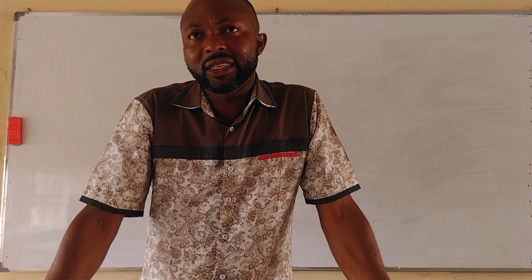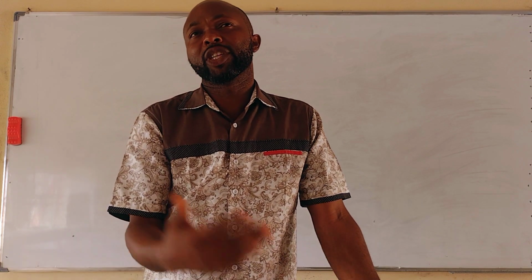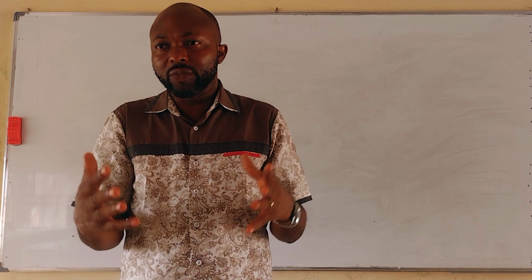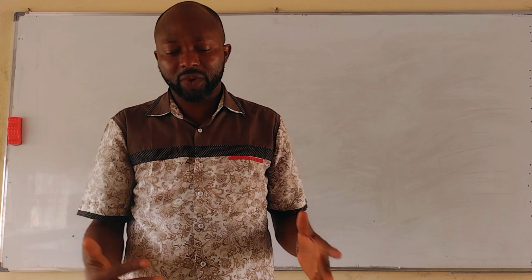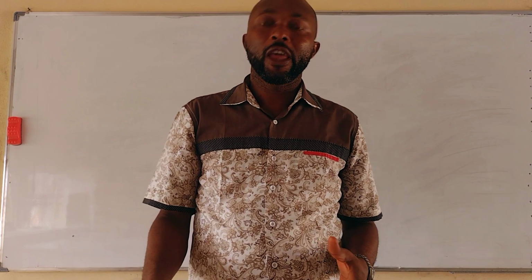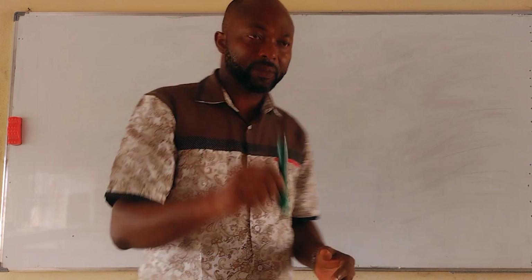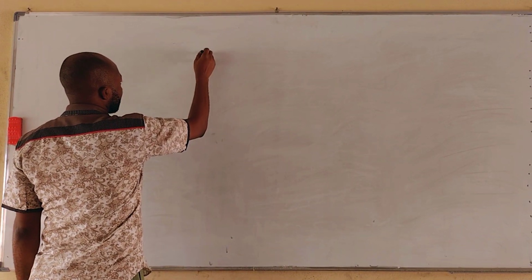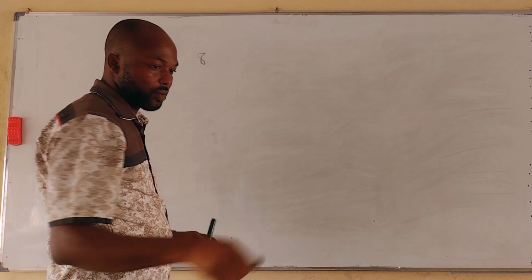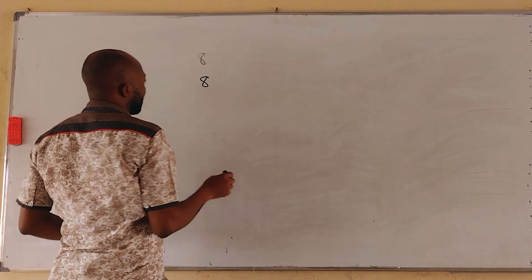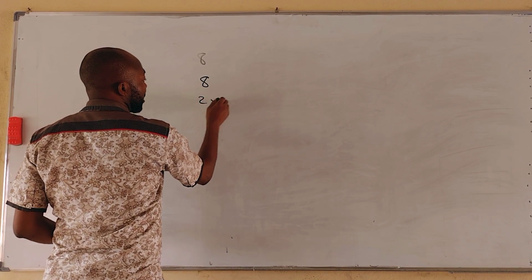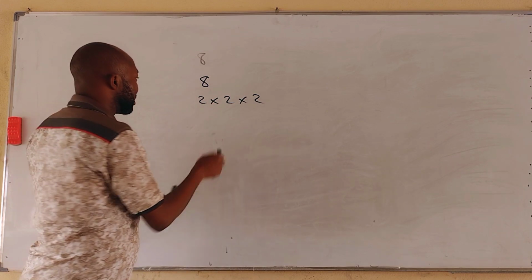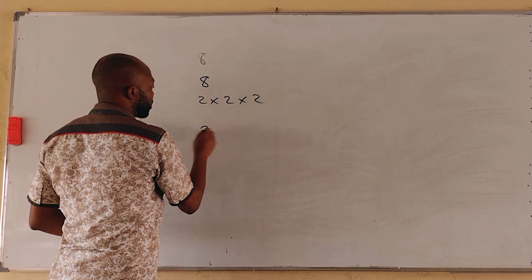So indices, or indicial equation, is a method of shortening the product of numbers to a reasonable pattern. For example, if I have 8, this 8 is the same thing as 2 times 2 times 2. So how can I shorten this? I can easily say there are 3 variables, so this is 2 raised to the power 3.